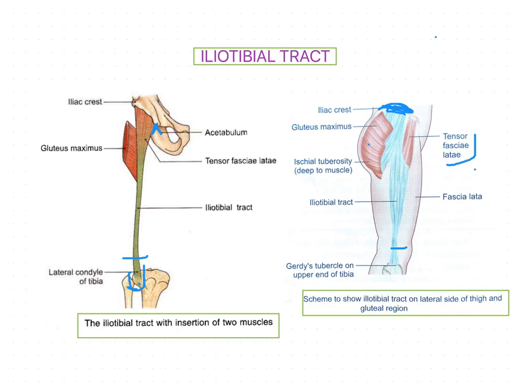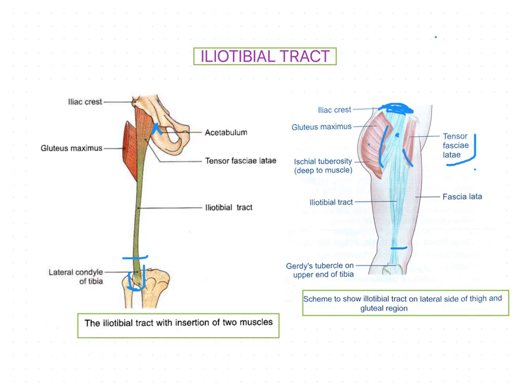Three-fourths of the gluteus maximus is going to insert into the iliotibial tract, and the tensor fasciae latae is also inserted into the iliotibial tract. The lower attachment, the inferior attachment of the iliotibial tract, has an important function here.